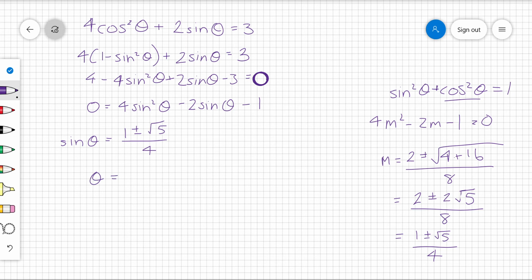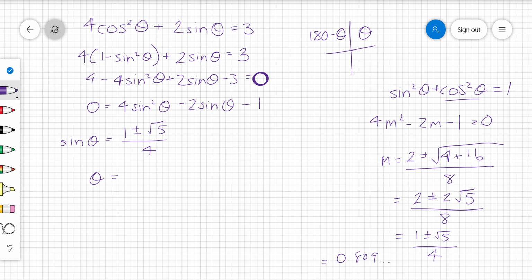So remember, we are going between 0 and 360, so I do want the acute angle, but I also want 180 because there are negatives and positives here. So if I do 1 plus root 5 and divide by 4, that's going to give me 0.809 and so on, and I'm just going to store that for a second.